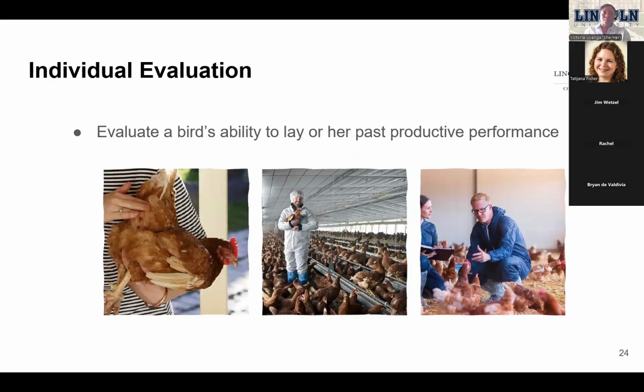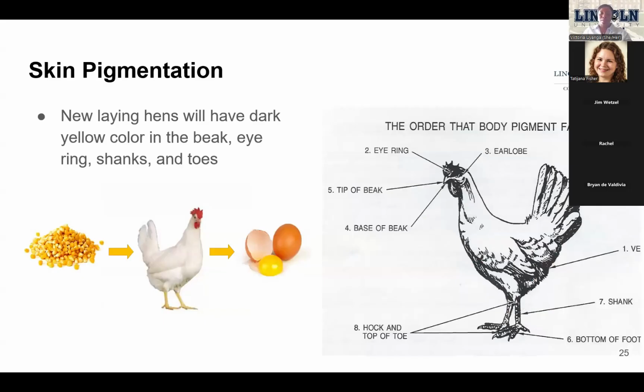So for the skin pigmentation, especially for our commercial birds, they are typically yellow skinned, and this is due to pigmentation from the meals, the carotenes that you can easily get from your corn and other sources of nutrients. This gets deposited in areas like the skin, the beak, the eye ring, shank, and toes.